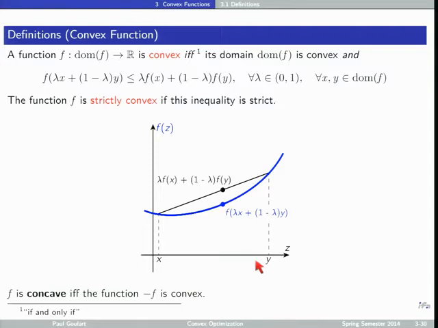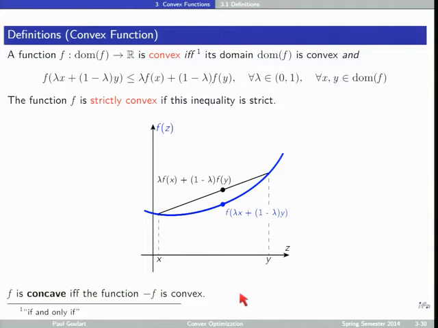So generally speaking, a convex function is one that looks like this, and a concave function is one that looks like that. And so when we talk about convex optimization problems, we're always talking about minimizing things. We want to minimize a convex function. If we want to maximize something, then we should be maximizing a concave function because we can change the sign and make it convex and then minimize it instead of maximize it.